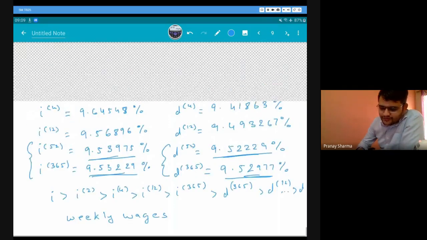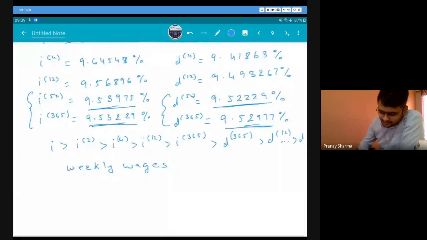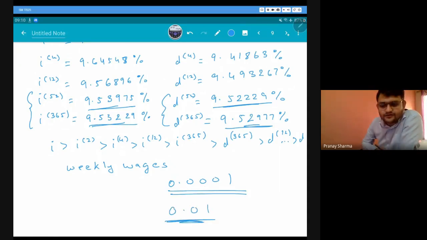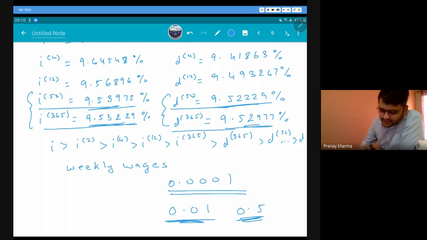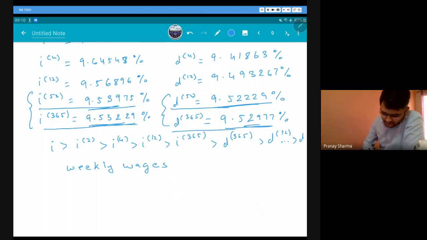And if we get a difference of, let's say, 0.0001 rupee, that does not make any difference. Even 0.01 rupee will not make any difference to us. Even 0.5 rupees will not make much difference to us. So here we are spending too much time in calculation, and the difference that we will be getting would be too small, right?